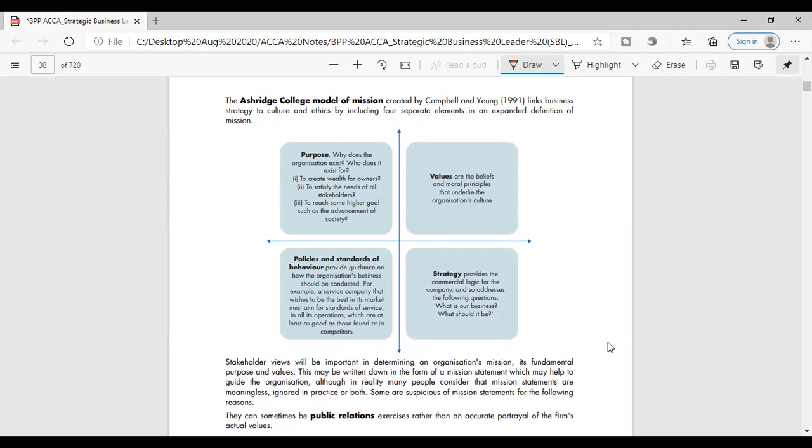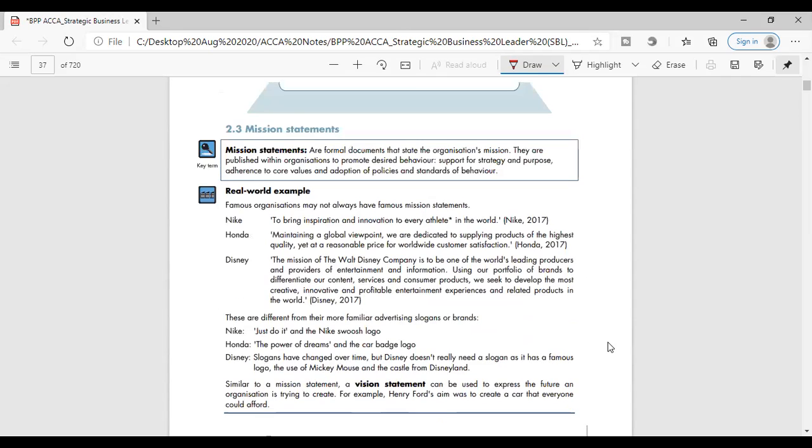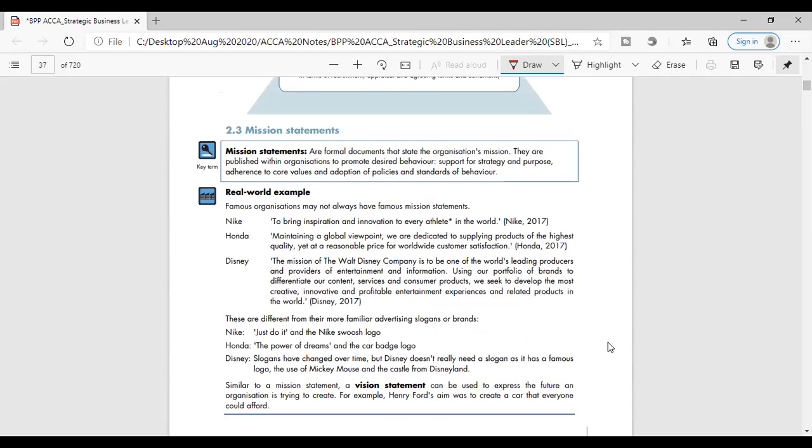Or finally, the fourth aspect, which is a little difficult to recognize straight away: policy and standards of behavior. This could be a mix of values and purpose. It provides guidance on how the organization's business should be conducted. For example, a service company that wishes to be the best in its market. So something like what Honda said earlier, a reasonable price for worldwide customer satisfaction.